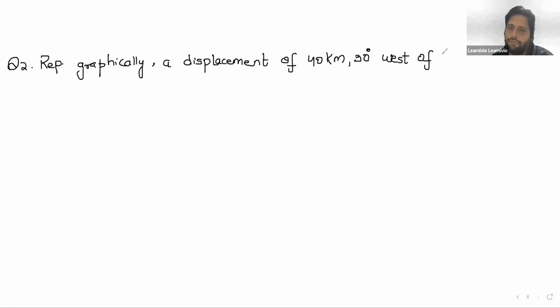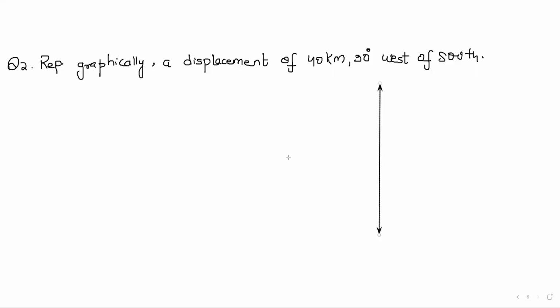Please try this question and confirm with me. Once it is done, I will also draw the graph. For you, I will mark the direction. I hope you already know this: it is north, south, east and west. Please draw this. Let me know once it is done, then I will draw the graph.